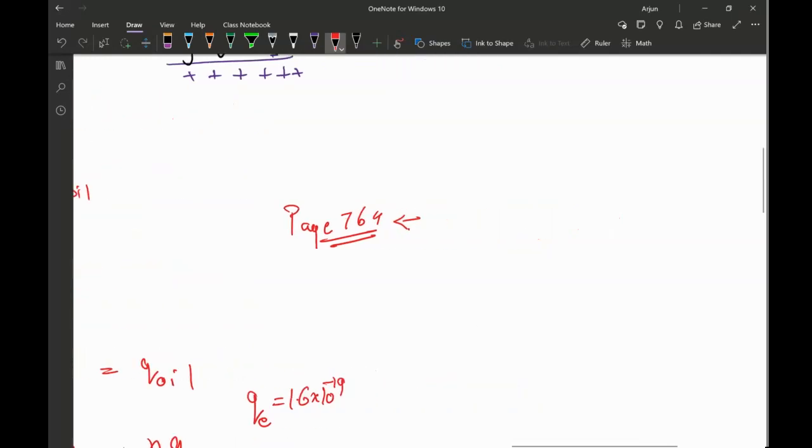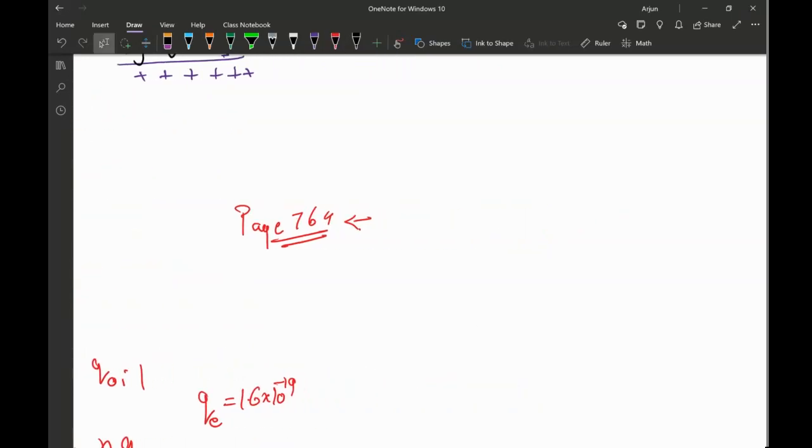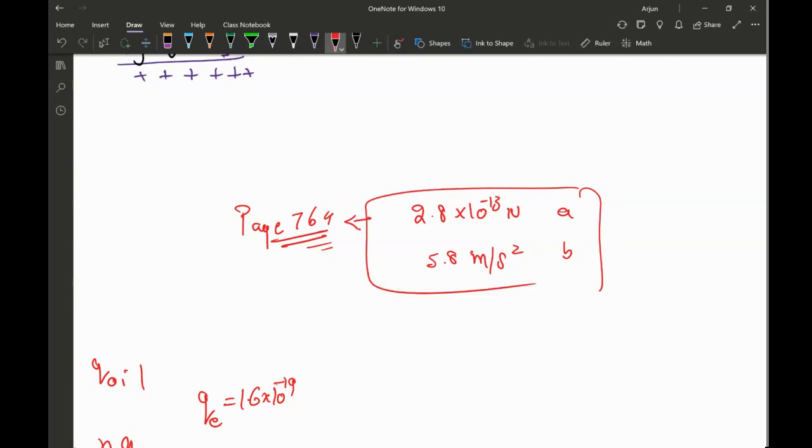So I think the correct answers on page 764 should be 2.8 times 10 raised to power negative 13 Newton for A, and for B it should be 5.8 meters per second squared, for the first and second practice problems. I'm going to try and match it with my other book also, just to make sure that whatever information I'm giving you is correct.